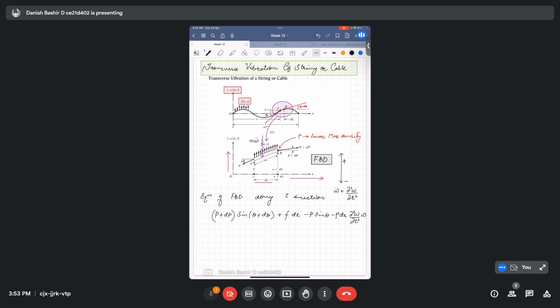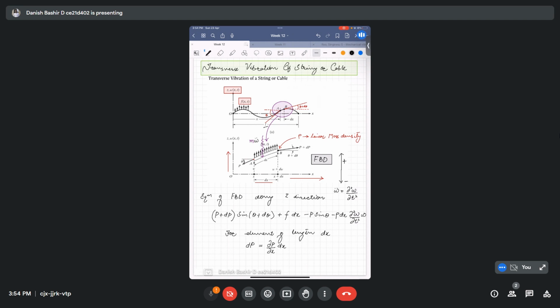And for an element of length dx, we know that dP at the end B will be equal to the partial differential dou P by dou x times dx. This is basic differential calculus.